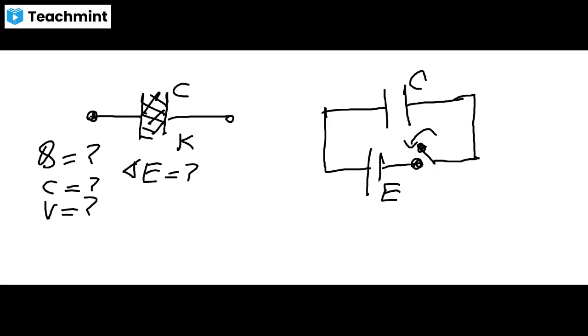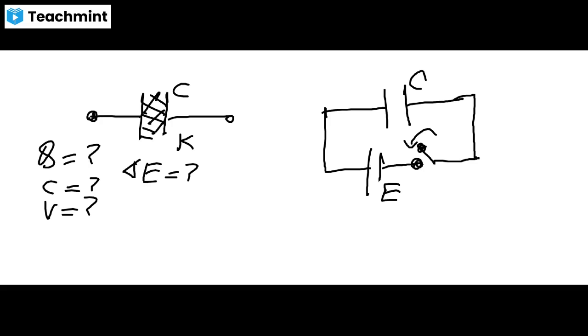I again repeat the problem. Here a capacitor is charged with a source having electromotive force E. As you close the switch, the capacitor gets charged, and after that I open the switch. At that moment the capacitor is completely charged.